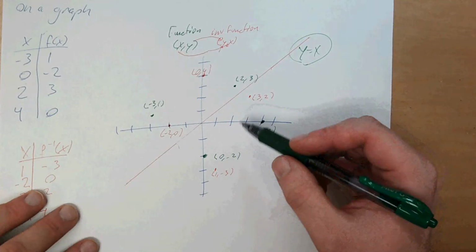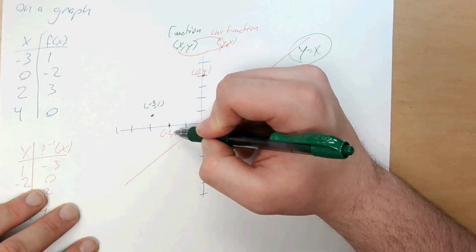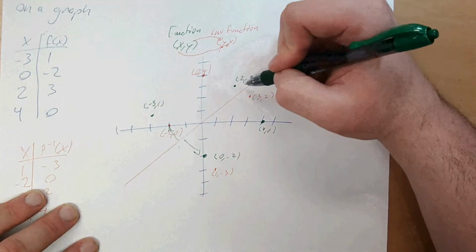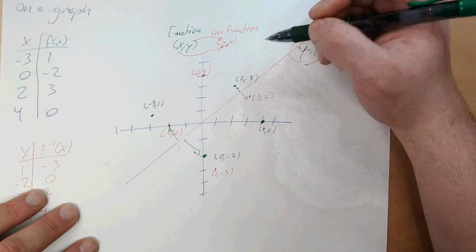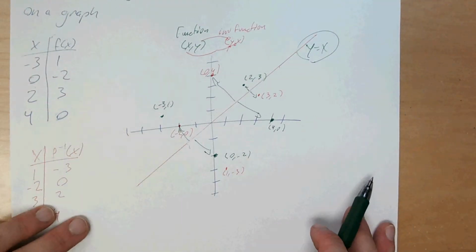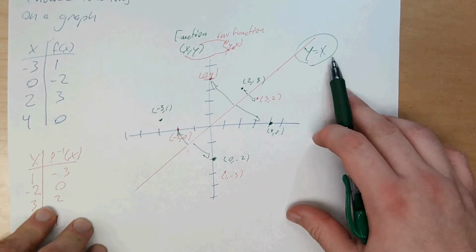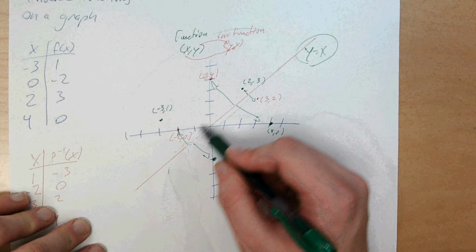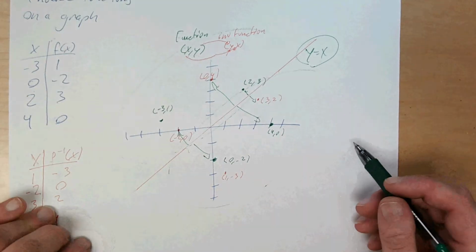Right? We see that these points are symmetric on them, that they're just opposite of this line. If I'd drawn better, it would be even better here, but we see that these are just mirrored, essentially. If y equals x is the mirror, one side should be an exact replica of the other side. Right?